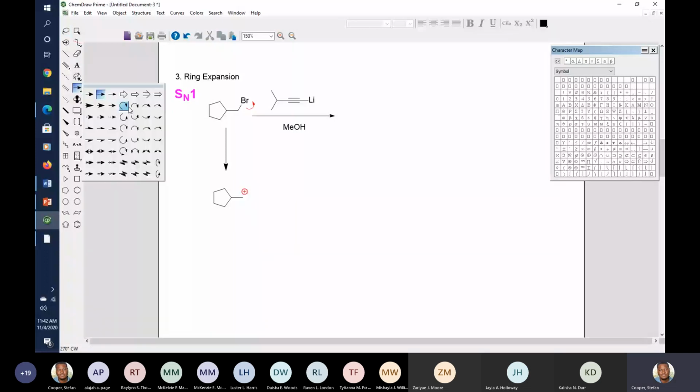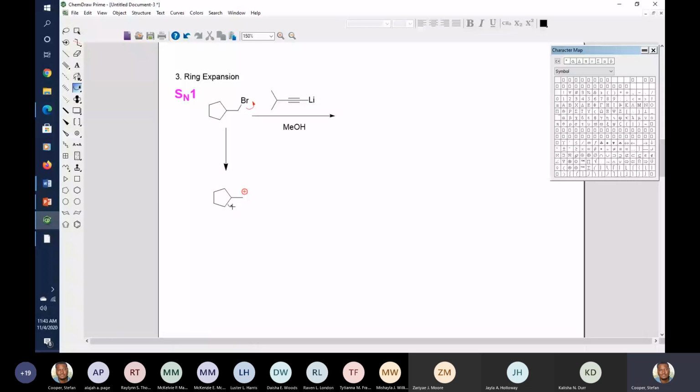So in this case here, the bond between this carbon and that carbon are going to break to make a new bond. This carbon is going to make a bond there. So this could be a little bit tricky. I'm going to number the carbons a little bit here. Right. So I'm going to call the carbon of the carbon cation 1. This will be 2, 3, 4, 5, and 6. Okay.